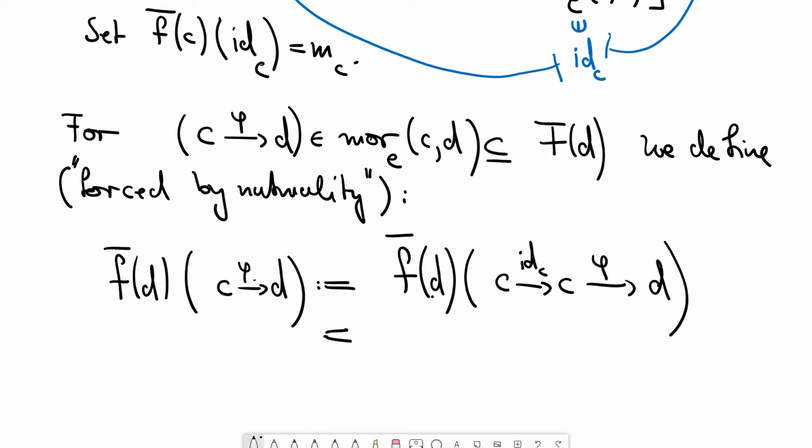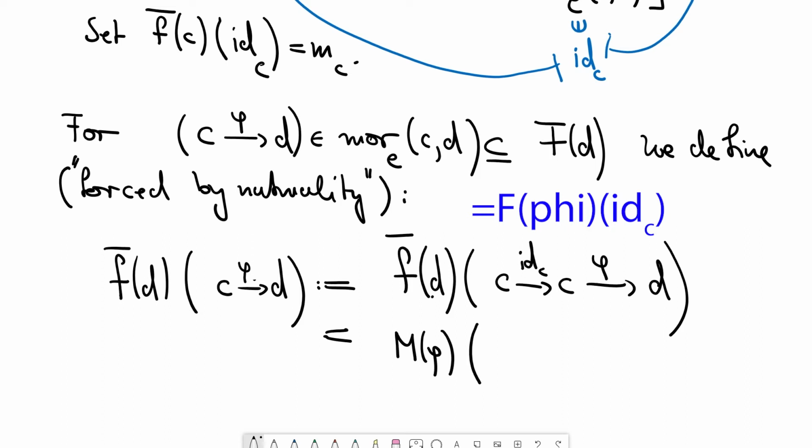But remember the R C module structure on this, remember the fact that F bar should be a natural transformation. This forces something on us. It forces that this is equal to M of phi applied to F bar C of the identity.